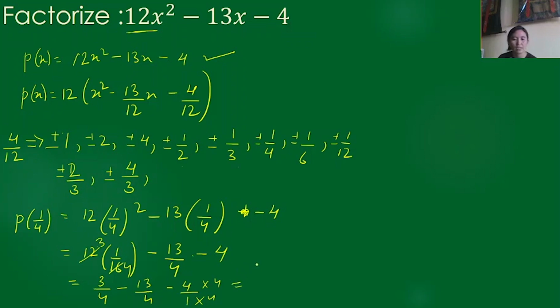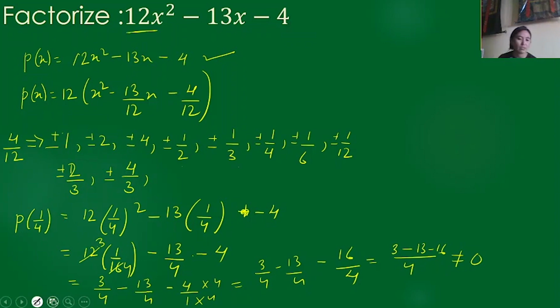You will get 3 by 4 minus 13 by 4 minus 16 by 4. Now the denominators are the same, so you will take the denominator common. You will get 3 minus 13 minus 16. Obviously this will not be equal to 0 when you solve it. So 3 minus 13 is minus 10, and minus 10 minus 16 is minus 26. Now here we are not getting 0, so I'll rub this.